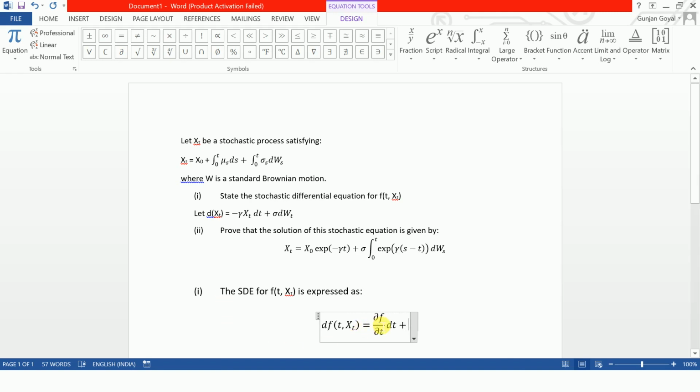Now please don't write partial every time, just select this, copy and paste. It saves a lot of time. So del f by del x, and then we need to write dX_t. Plus half, now again a fraction, del f by del x square. I need del square f, so del square f by del x square. See, it saves time.